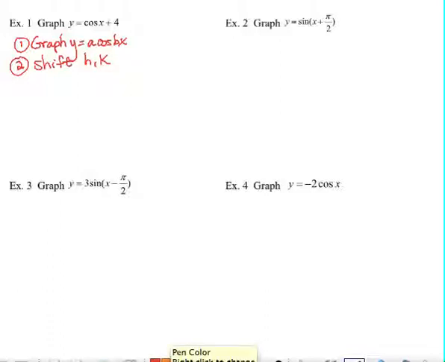So here's what we're going to do. I'm going to start with graphing y equals, in this case, cosine x. So we identify the amplitude is 1. The period length is 2 pi because it's 2 pi over b.